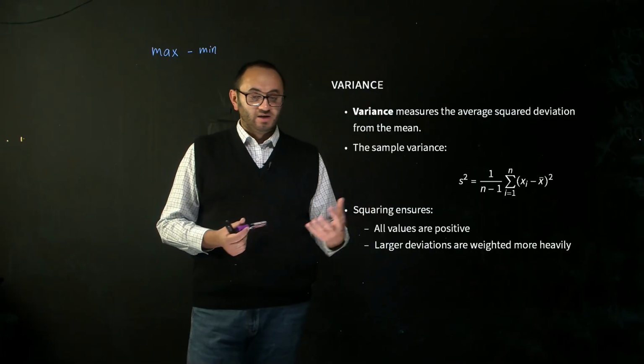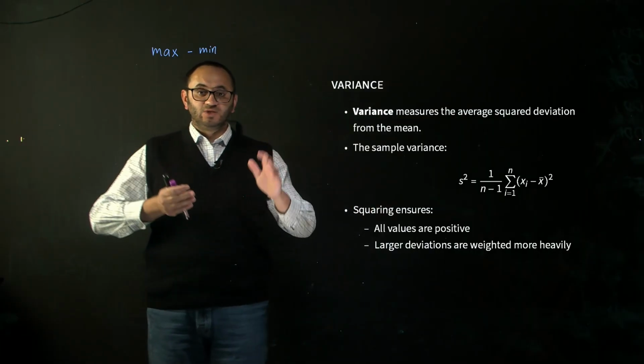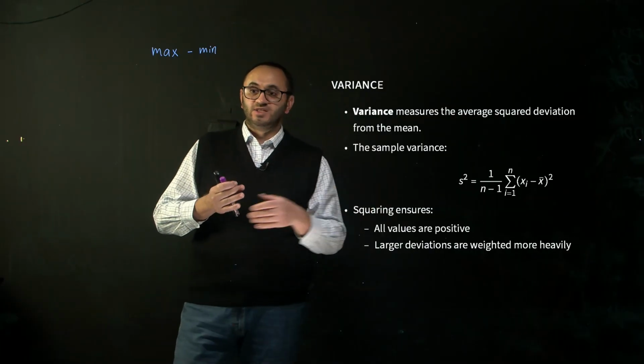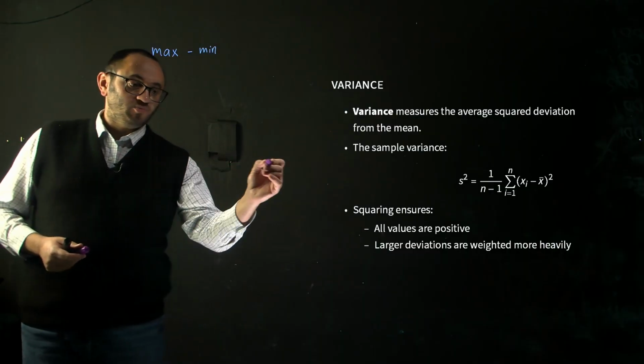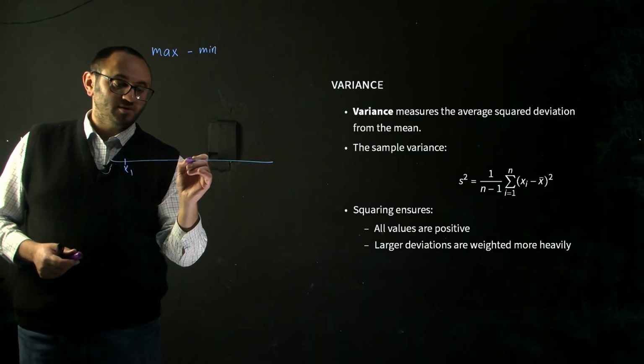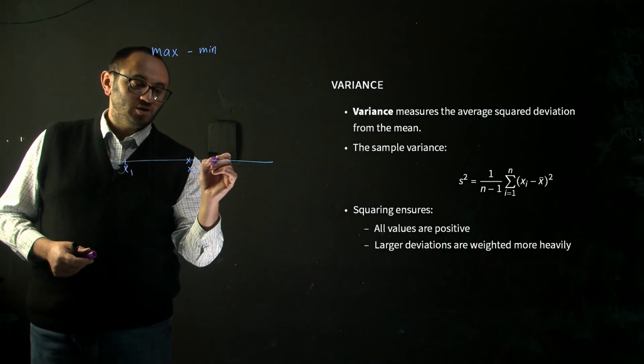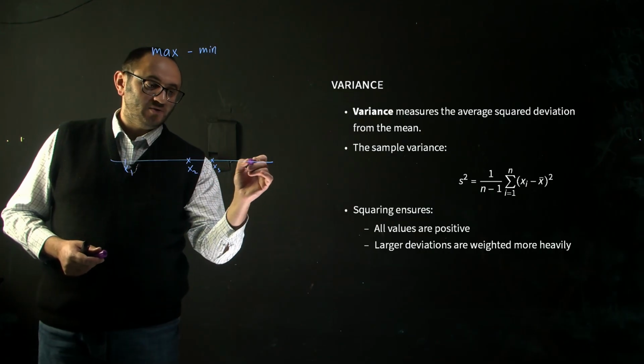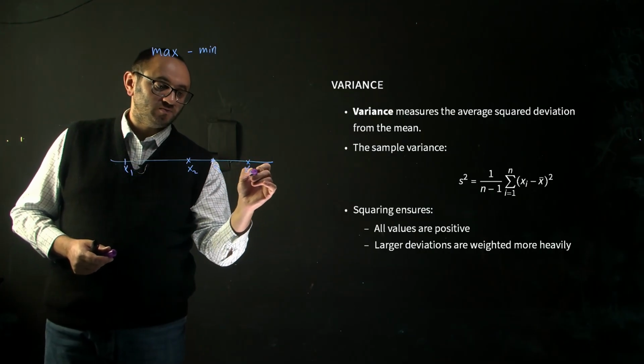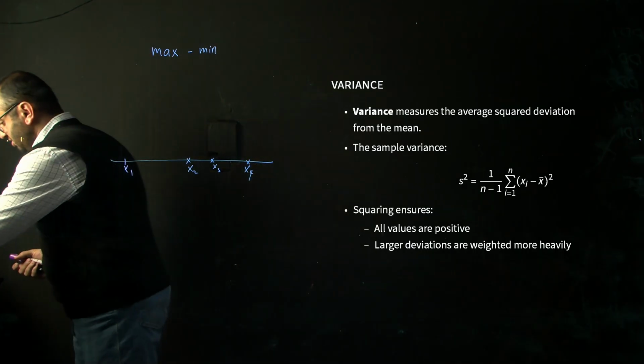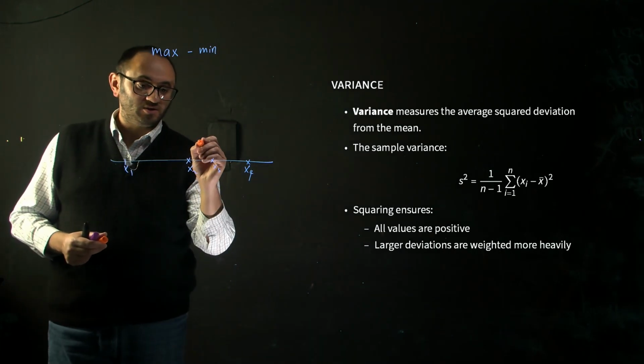So we are trying to find the distance between each observation and the sample mean. For example, suppose we have x1, x2, x3, and x4 here, and our sample mean, or x bar, is here.